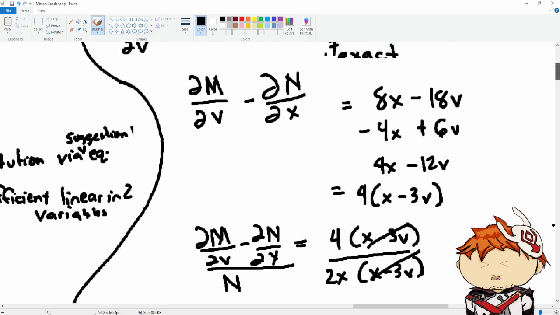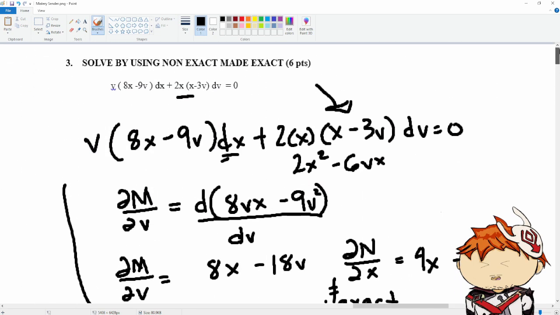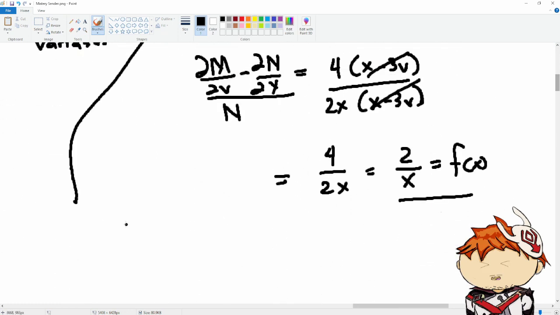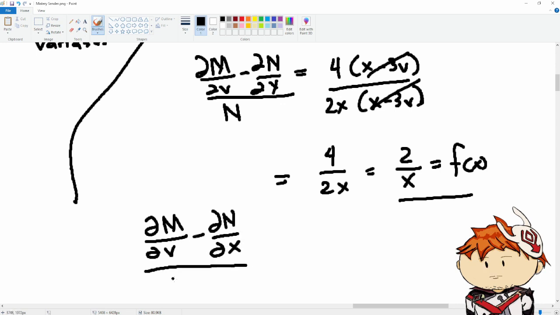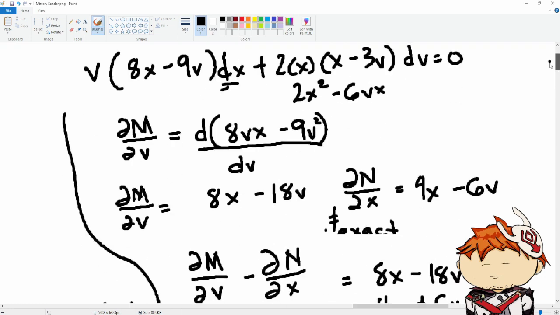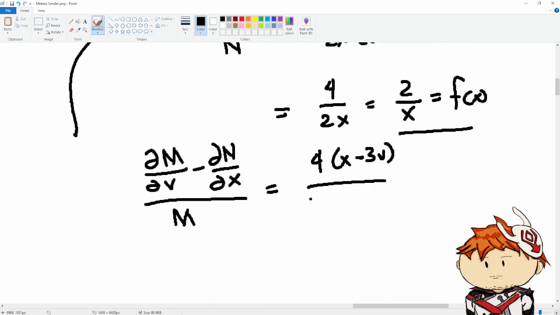For science, we're gonna try m. We're gonna divide it by m, right? So 4x minus 3b over 8x minus 9b. Take note, we cannot simply divide it. So it's a complex fraction, a harder fraction than the other one.